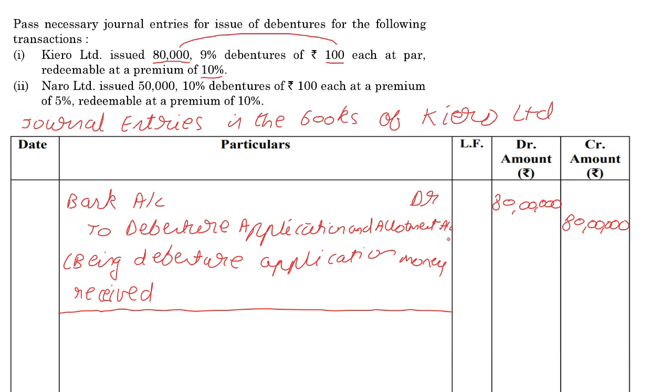The fact that you're going to redeem it in the future at a premium means it is a loss, and we debit all expenses and losses.